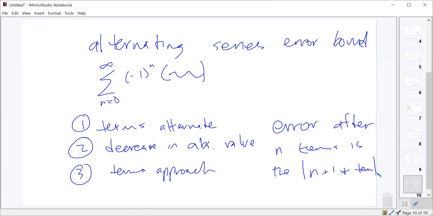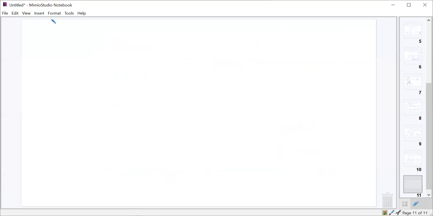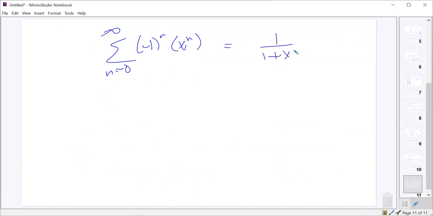Everybody good with that? That one was pretty straightforward. We could give a quick example of that. Say we had the series sum from n equals 0 to infinity of (-1) to the n, x to the n, which is effectively the function 1 over 1 plus x, where r is equal to -x.